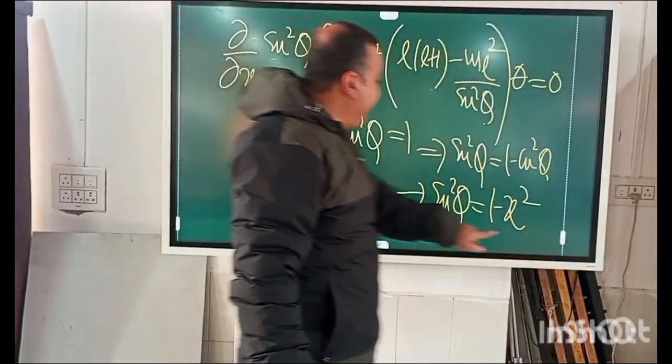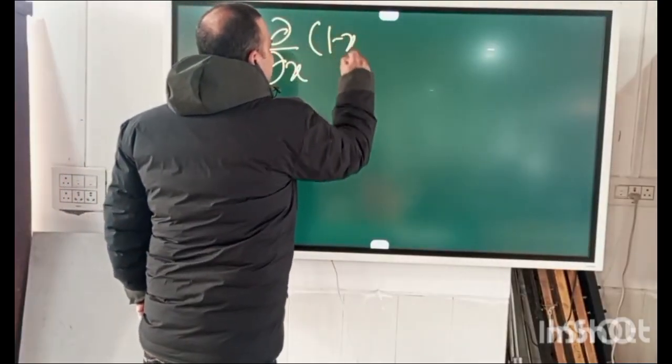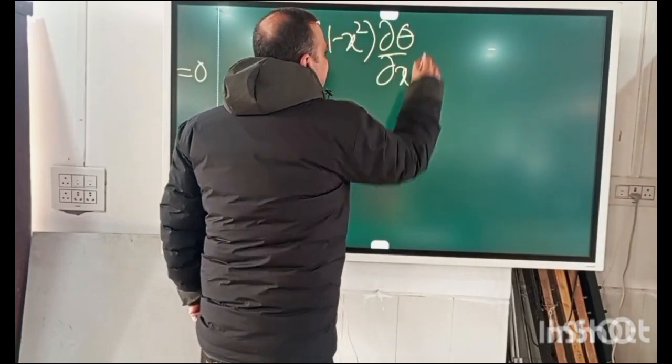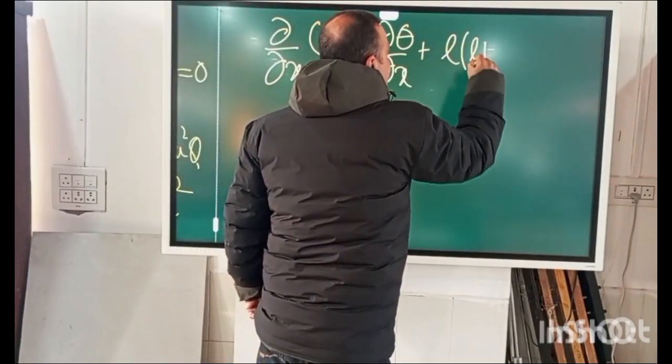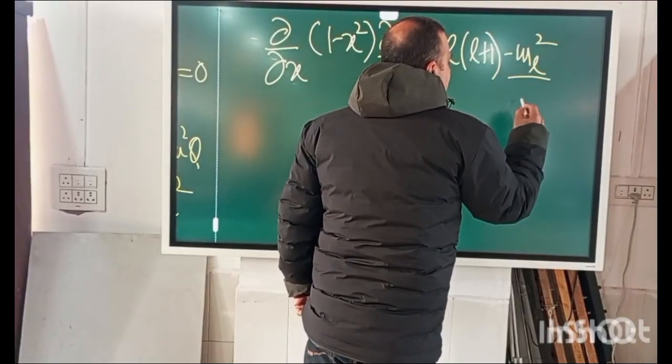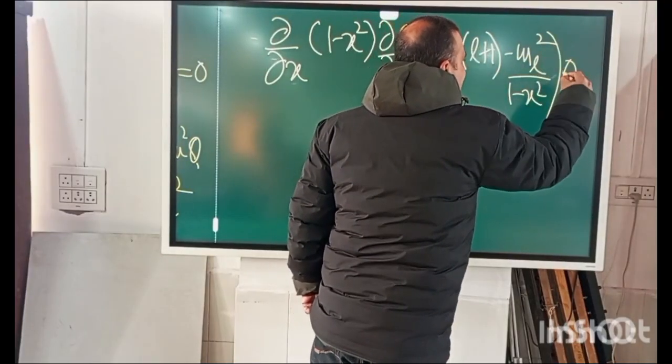And what will I obtain? I will be obtaining ∂/∂x of (1 minus x squared) ∂Θ/∂x, then plus L times (L plus 1) minus m_L squared by (1 minus x squared), and this is all multiplied by Θ.